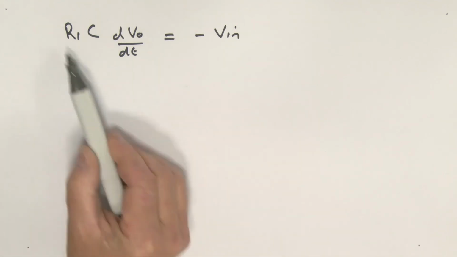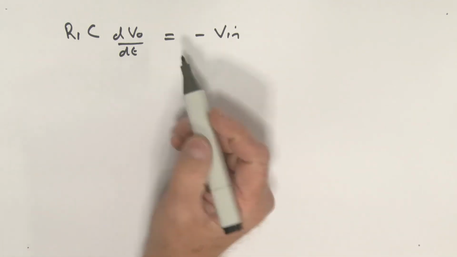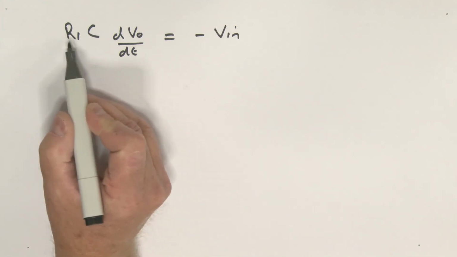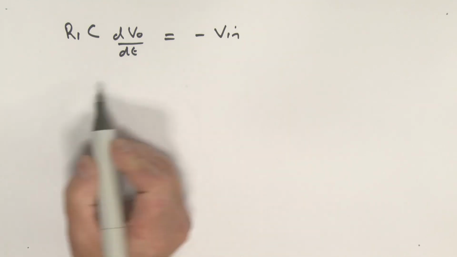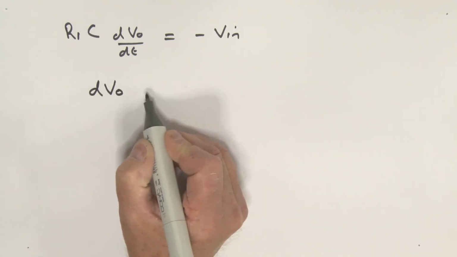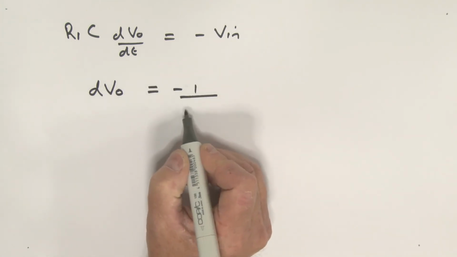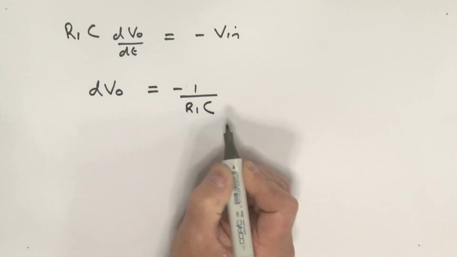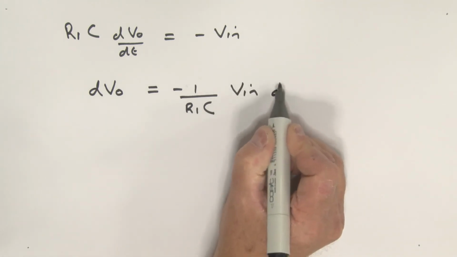So what we now have is really what we had in the ideal case, and if we simply divide both sides by R1C and take the dt to the other side, what we have is dVO is really equal to minus 1 over R1C times V in dt.